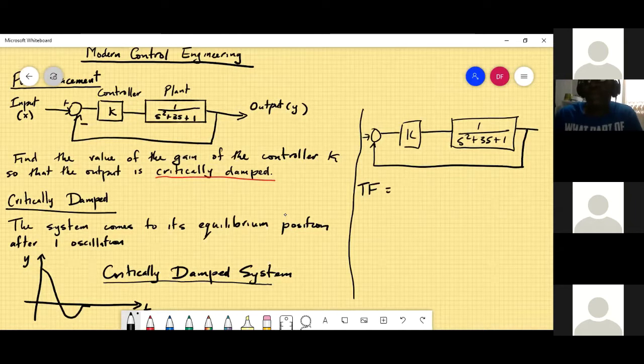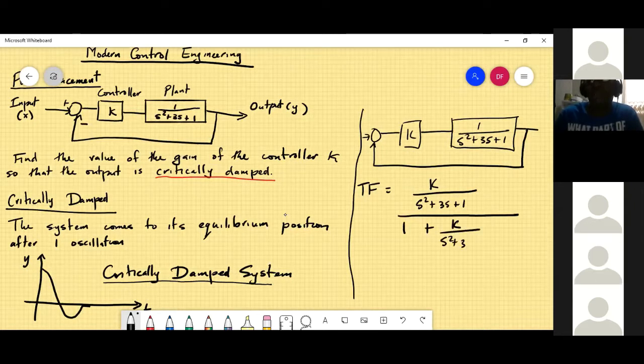So we multiply these two. It's going to be K over S squared plus 3S plus 1. And then we have a unity feedback again, so we're going to have it as over 1 plus K over S squared plus 3S plus 1.